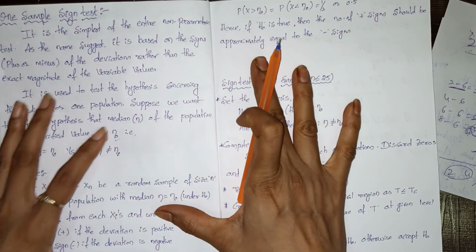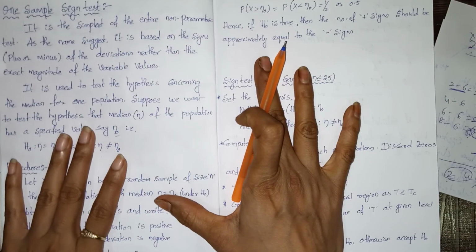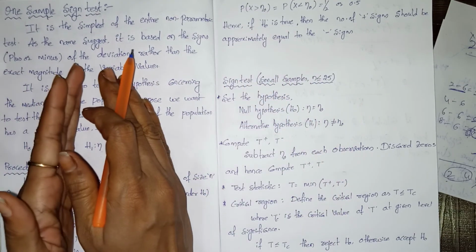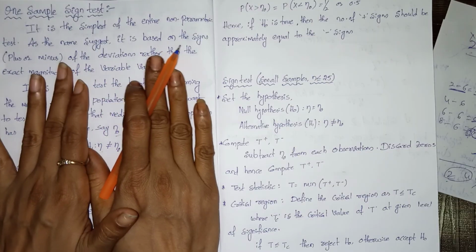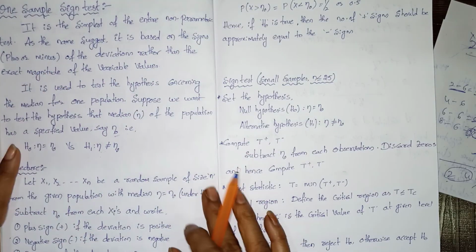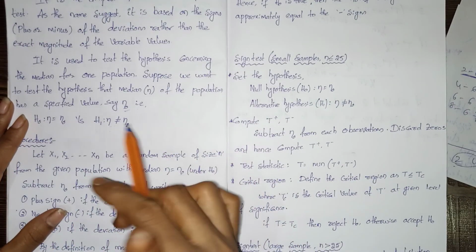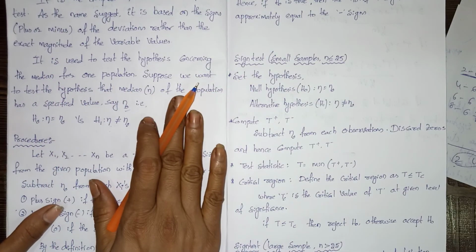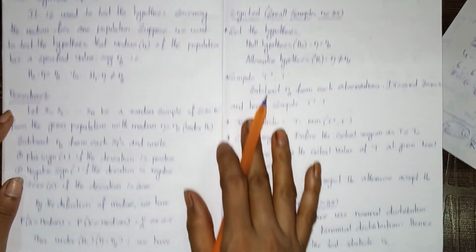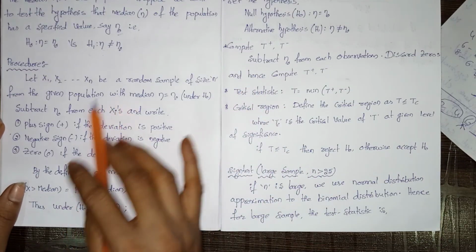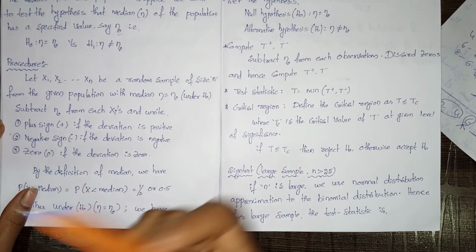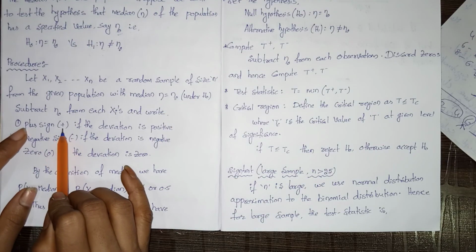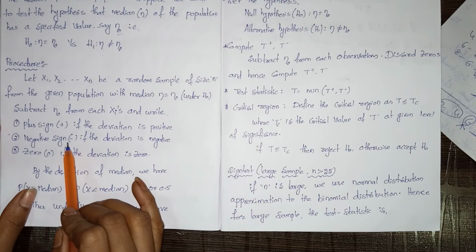Okay, so the actual procedure. Sign test in the sense that here we concentrate only on the signs. We have no need of concentrating on magnitude, magnitude in the sense numbers, numeric values. So according to the procedure, if it is positive, we indicate it with a plus. If it is negative, we indicate with a minus.